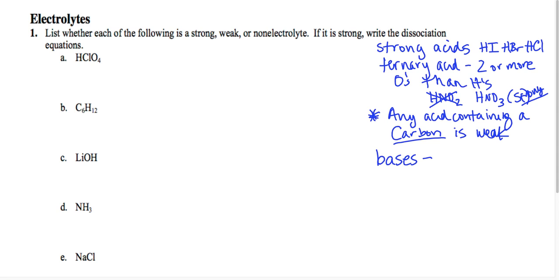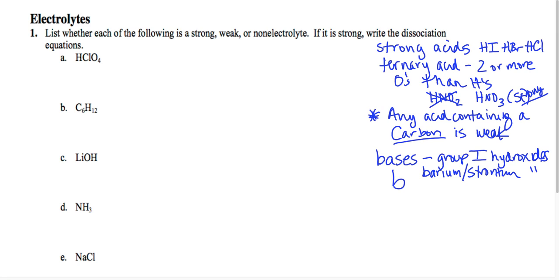So we don't even talk about those guys. So group 1 hydroxides and barium and strontium hydroxide. And it makes a B on the periodic table. Forgot about that last period. Okay.